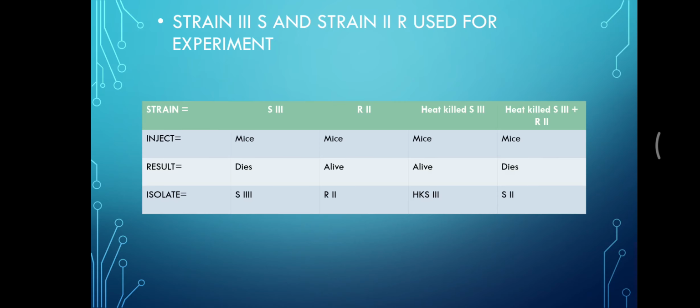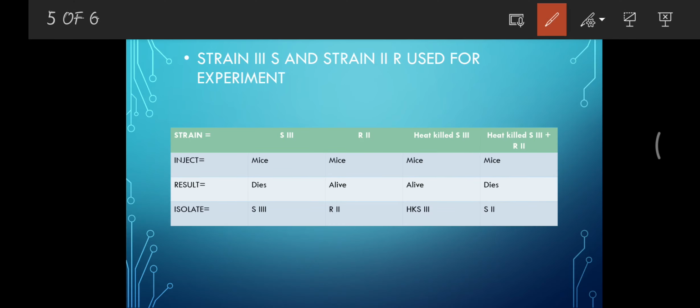Now coming to the experiment part, Griffith conducted the experiment using Streptococcus pneumoniae and mice. First he used the S3 strain and injected it into the mice. When the mice died, he isolated strain S3 from them, because it was a capsulated, infectious organism that caused pneumonia in mice, and due to that the mice died. In the second turn he used the R2 strain and injected it into the mice.